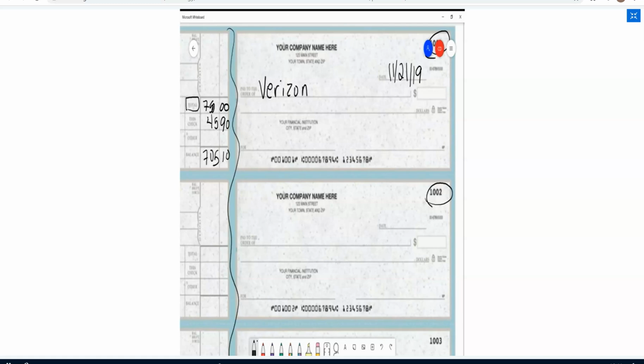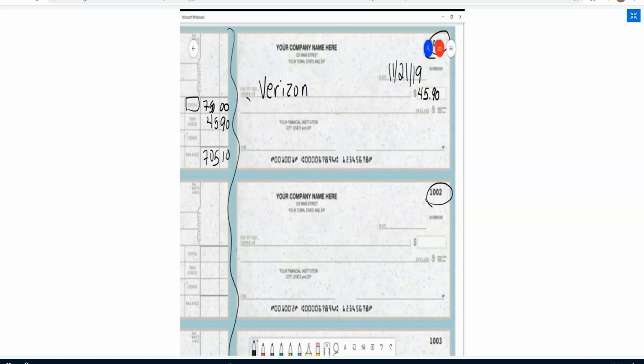Whenever filling out a check, you always want to make sure that you are putting your things as close to the edge of each line as possible so there's not any room for people to alter them, okay? $45.90 goes over here in this box. Again, as close to that dollar sign as possible so nobody adds in any numbers, right? All right, on the line here where it says dollars, you write that amount in words.